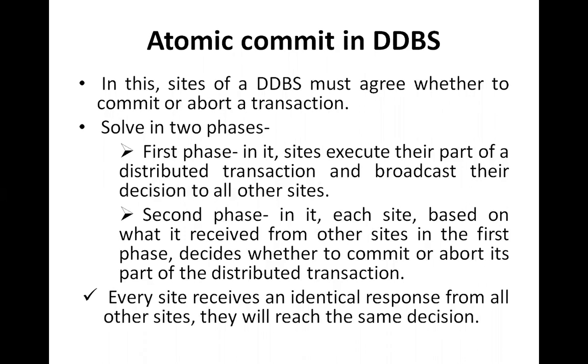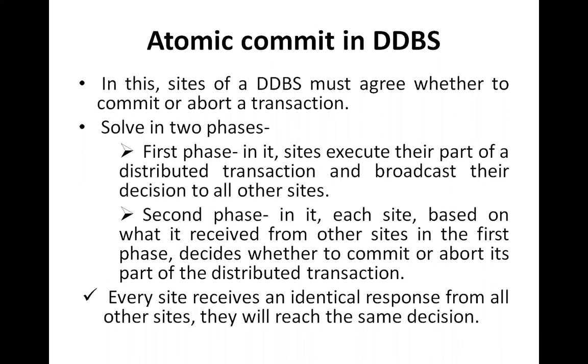And in the second phase, whenever this information has been received by the receiving sites in the first phase, they decide whether they are going for commit or abort as part of the distributed transaction. Every site receives an identical response from all the other sites, and they reach a particular decision.